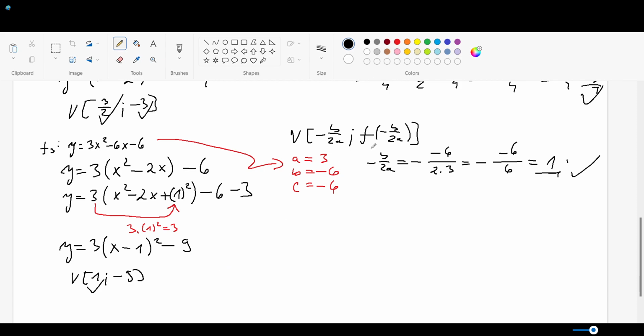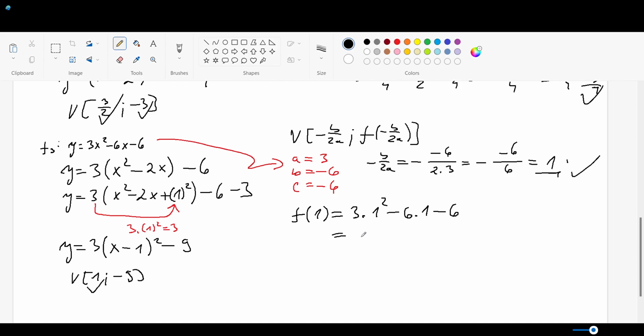And now you just calculate the value of the function at 1, f of 1, which is equal to 3 times 1 squared, take away 6 times 1, minus 6.